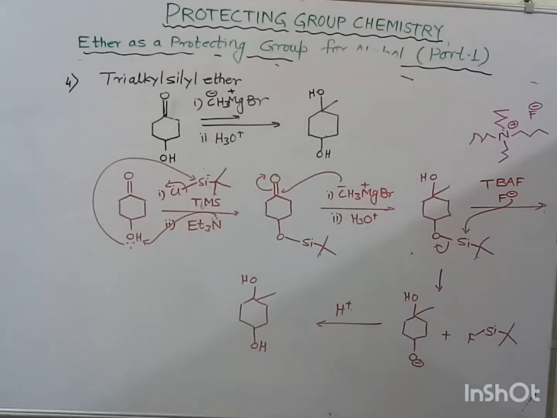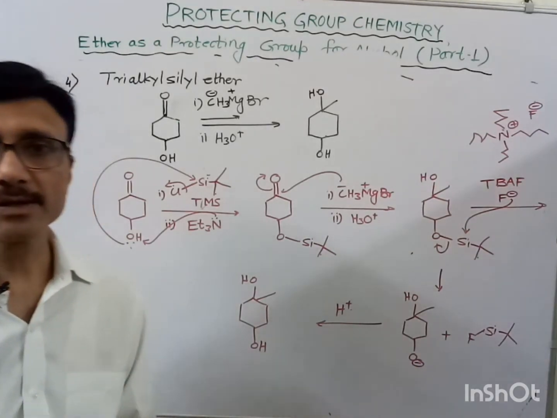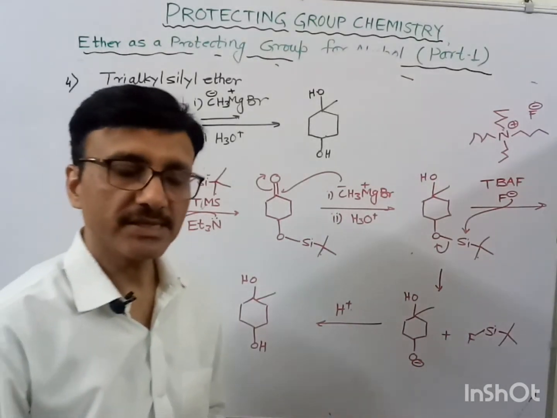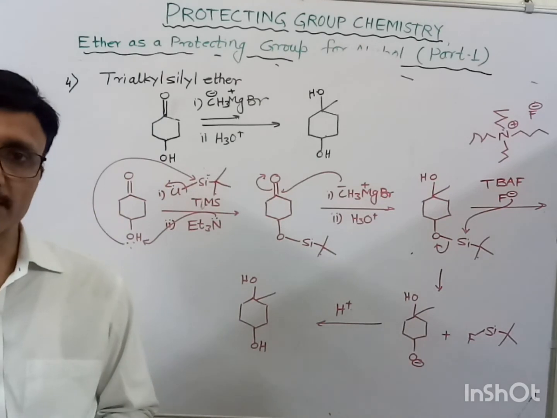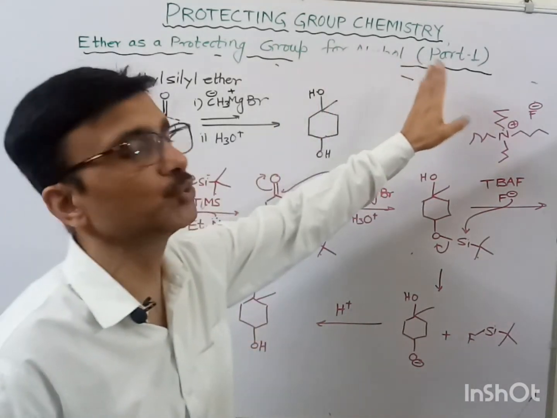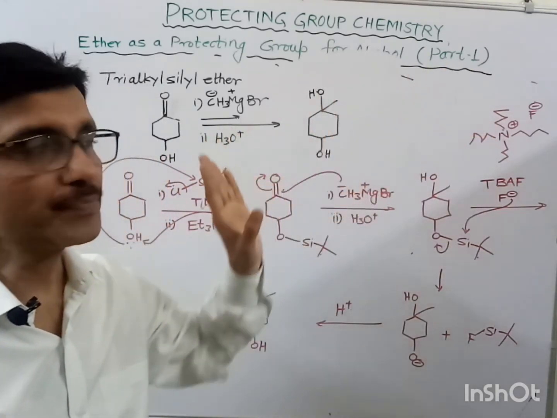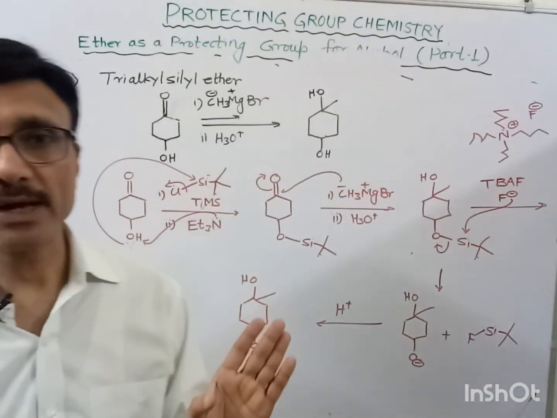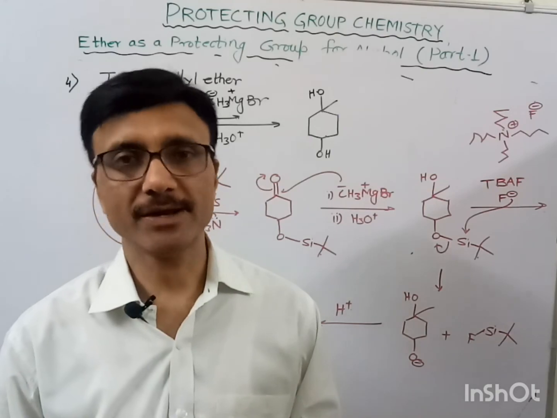So these are some of the examples where this ether acts as a protecting group for alcohol. In my next part, part 2, I will discuss some more ethers which act as protecting groups for alcohol. Thank you.